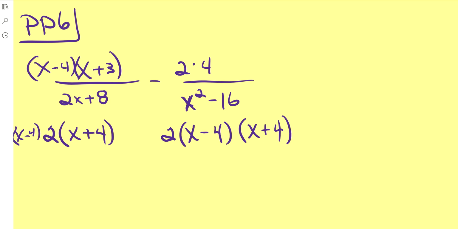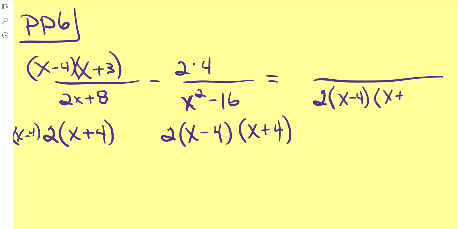All right, so now I've got my denominator, which is going to be 2 times x minus 4 times x plus 4. All right, so that's taken care of. And let's take care of our numerator. All right, so this is what I've got.